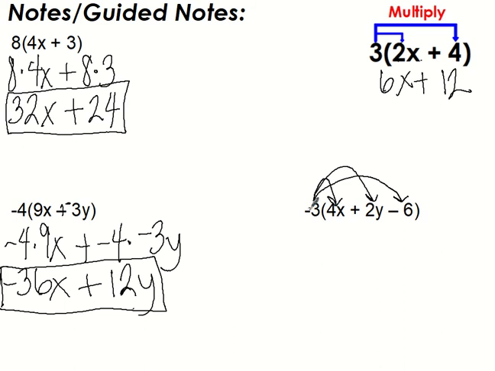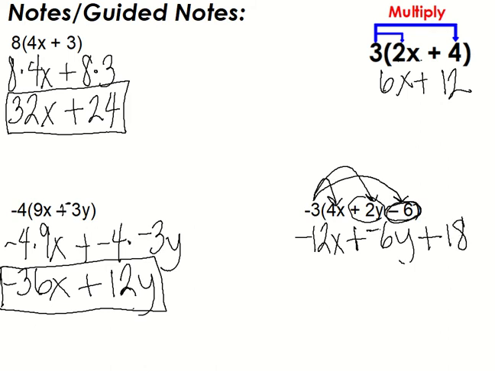So this is positive 4 times negative 3. So I would get negative 12x. Positive 2, see, there's my positive, times negative 3 would get me negative, I can actually go plus negative 6y. And then for this one, I got to be really careful. I got to take that negative with it. So negative 3 times negative 6 is actually a positive 18.